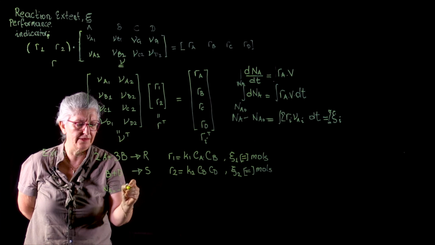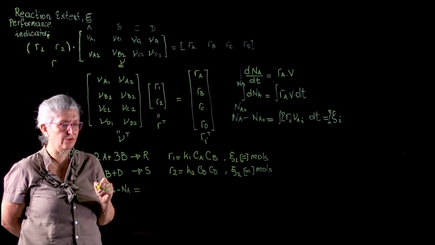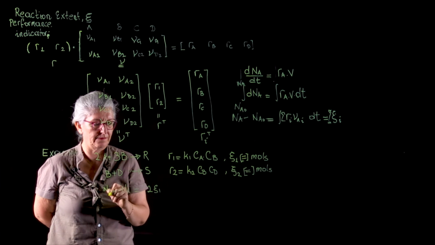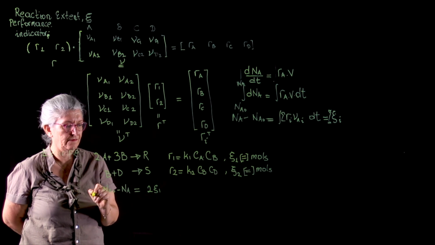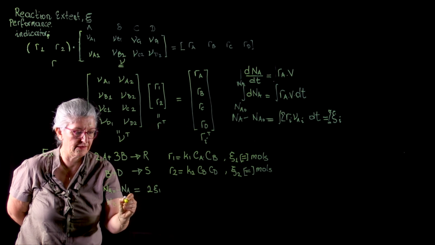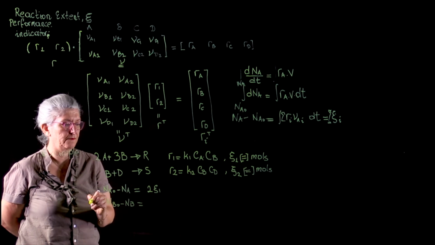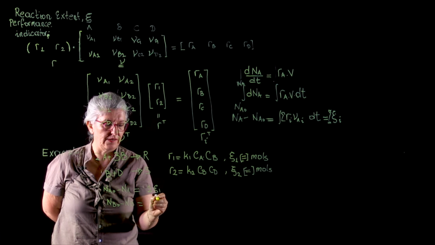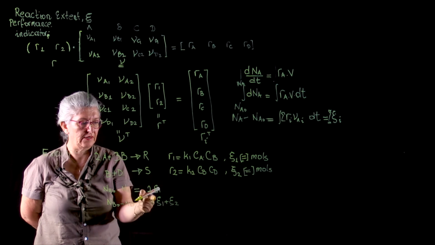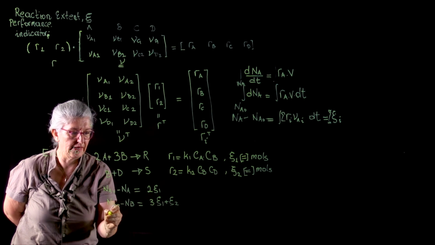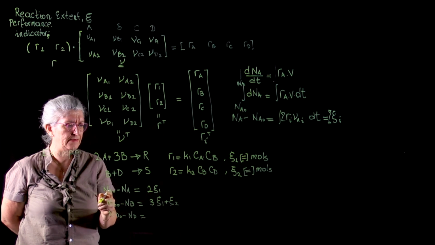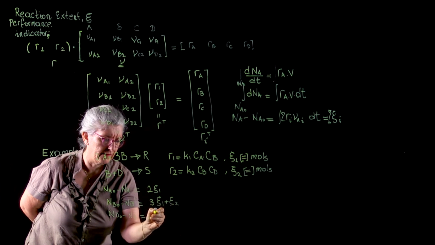NA0 minus NA, how much A is consumed, is going to be 2 Xi1, and NB0 minus NB will be 3 Xi1 plus Xi2, and ND0 minus ND is Xi2 only.